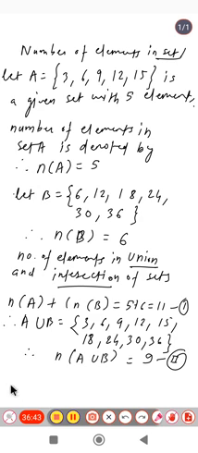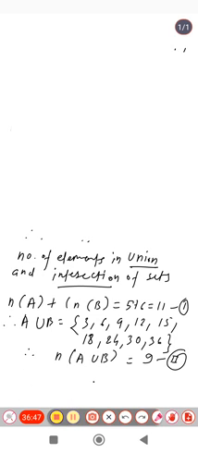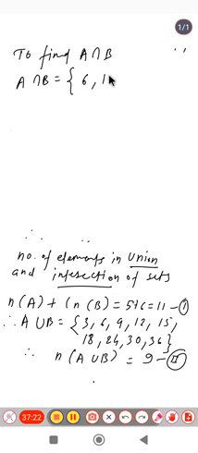Now to find the intersection, A intersection B, that means how many elements are in both A and B. You can see here only 2 elements are common, that's 6 and 12.